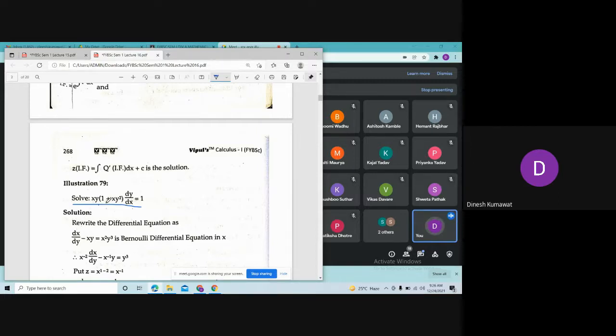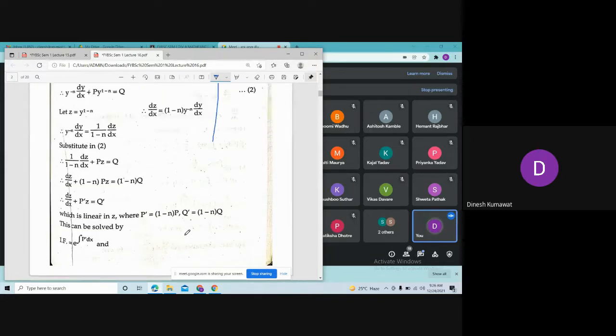Okay, now after rewriting this differential equation, we are having dx by dy minus xy is equals to x square y cube. Now here you can see this is the function of y only and this is the function of y only whenever we are having dx by dy.